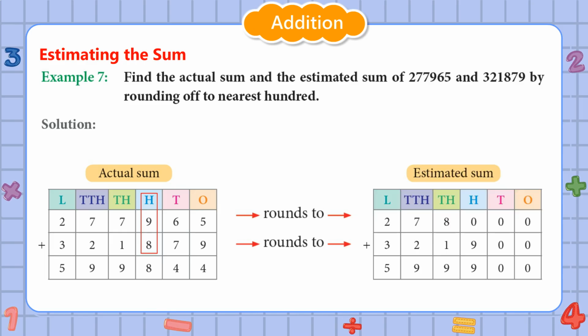Estimated sum: 2,77,965 rounds to 2,78,000 plus 3,21,879 rounds to 3,21,900 is 5,99,900.